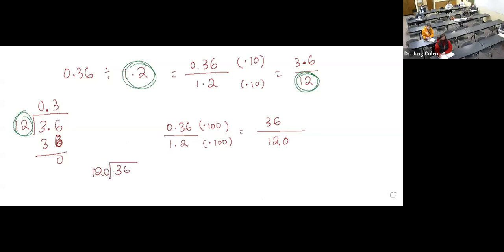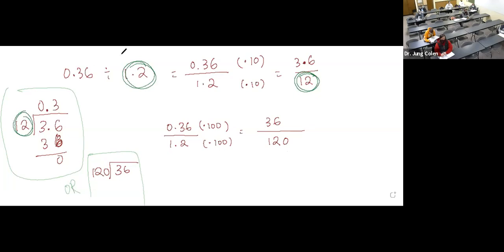Let me ask you a question. In your opinion, which one's easier for you? Dividing by 12 or dividing by 120? Which one is easier? By 12, right? So even if this makes sense too, we want to have the smallest whole number.